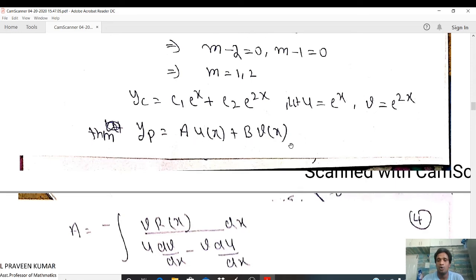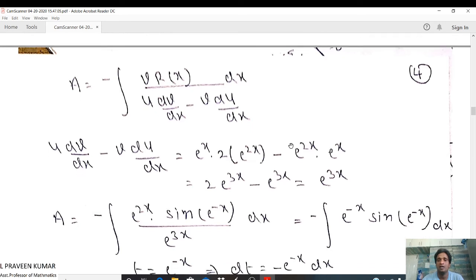Okay, so we have the formula we derived in the last class. A is equal to minus integration v into r of x dx by u dv by dx minus v du by dx. Okay, this denominator value we again use in finding the b value also.